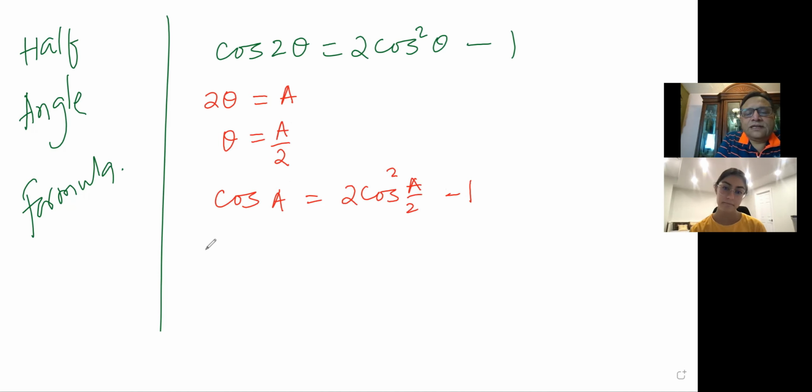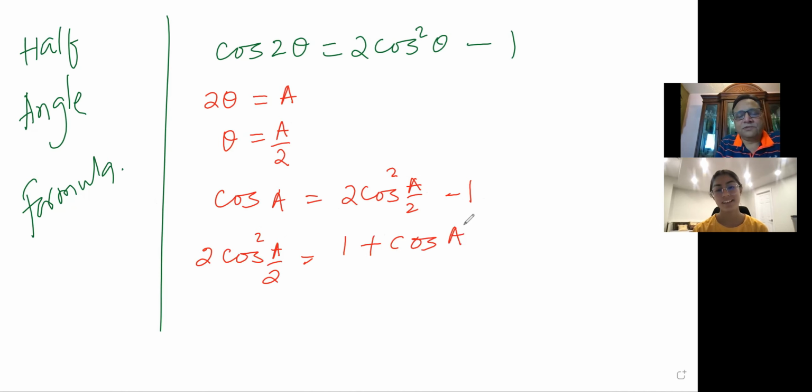So we could write this as 2 cos squared A by 2 equals, I'm bringing this 1 here, 1 plus cos A. So cos squared A by 2 will be half of this.